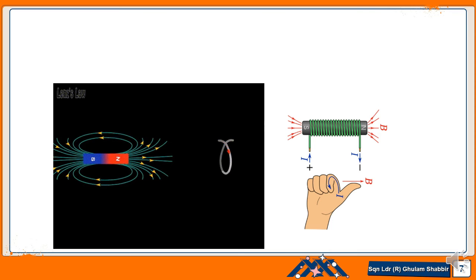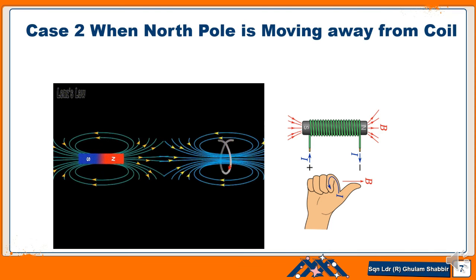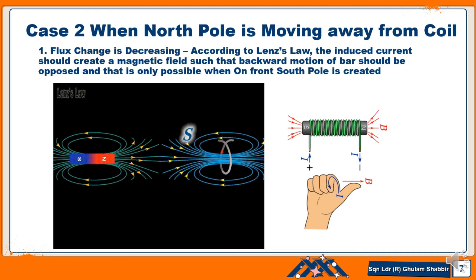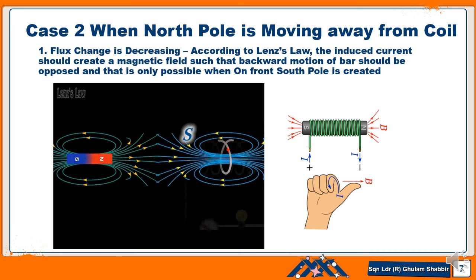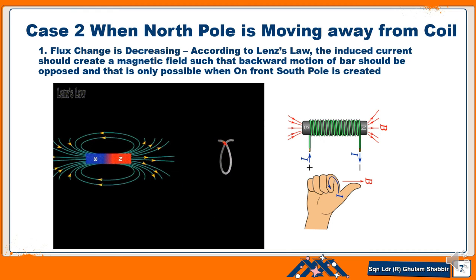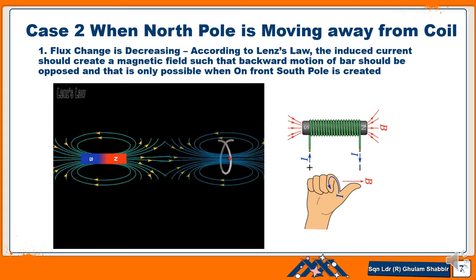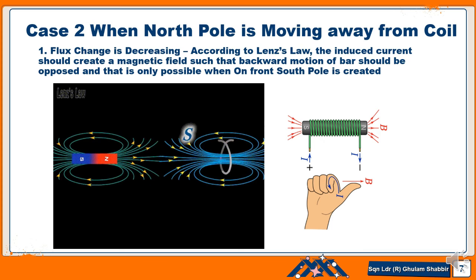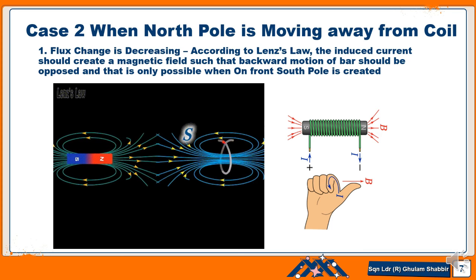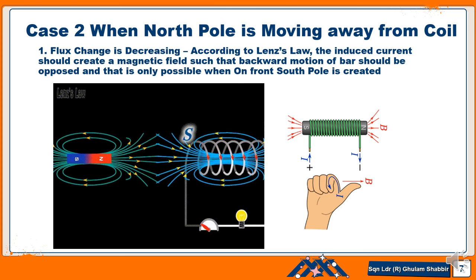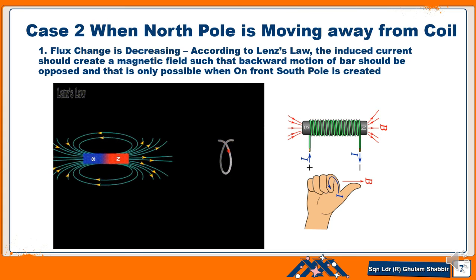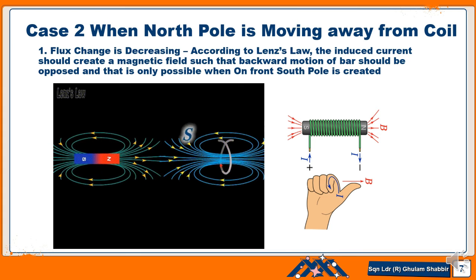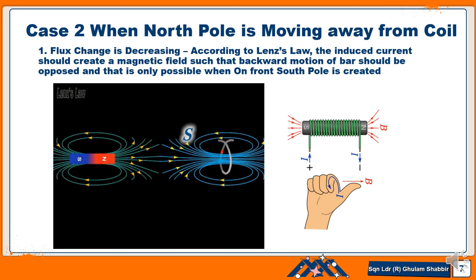Now in case the bar is moving away from the coil, the flux is decreasing, and according to Lenz's law, the induced current should create a magnetic field such that the backward motion of the bar is opposed. That is only possible when a south pole is created on the front, so that it can attract the north pole to stop the motion of the magnet bar.